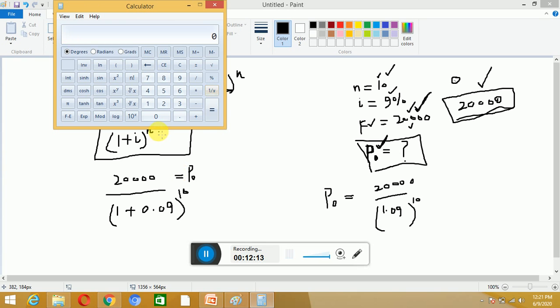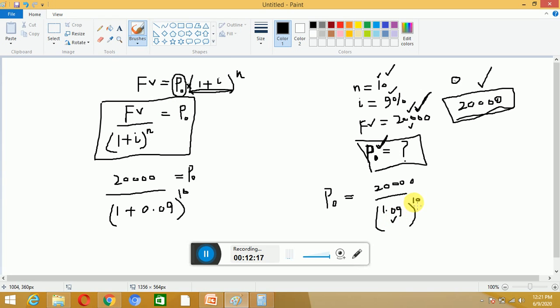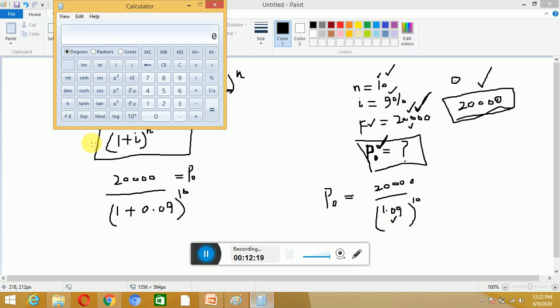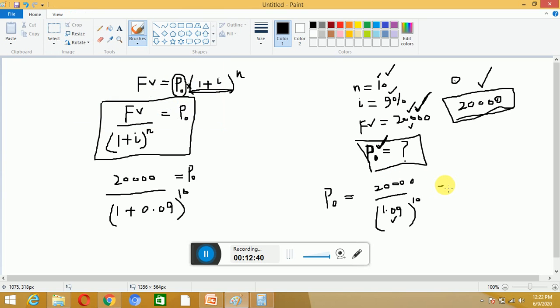So now see, I am just calculating this 1.09 power 10. This is raised to the power x power y, raised to the power 10. So we will get how much? 2.3673.